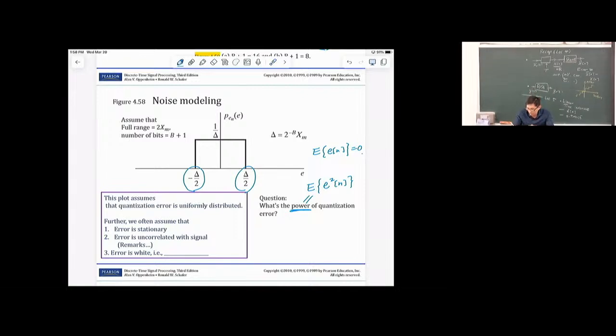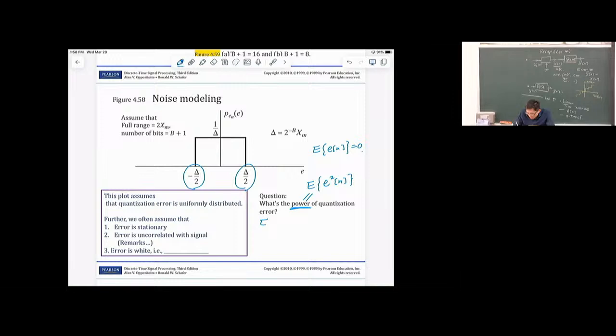So to calculate the power, the expected value of E square, we need to calculate an integral within the range, of E square times its probability density function, right? That's the way expected value can be calculated.